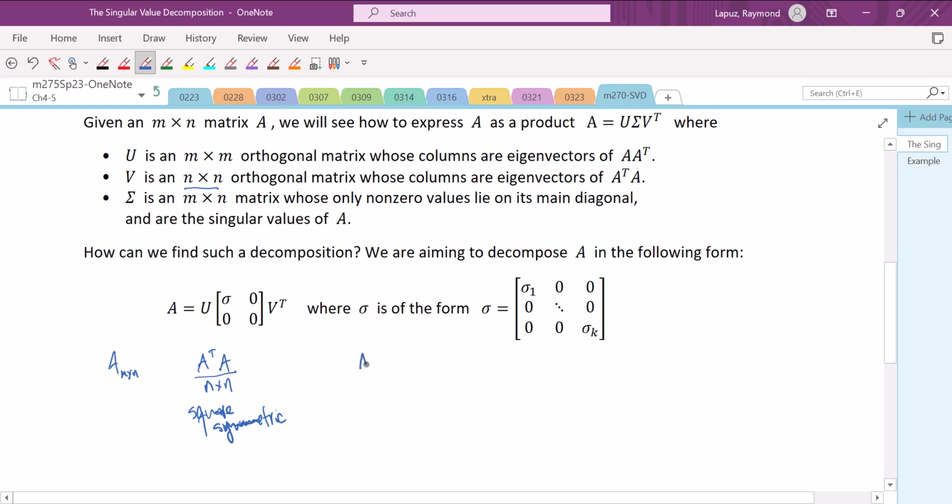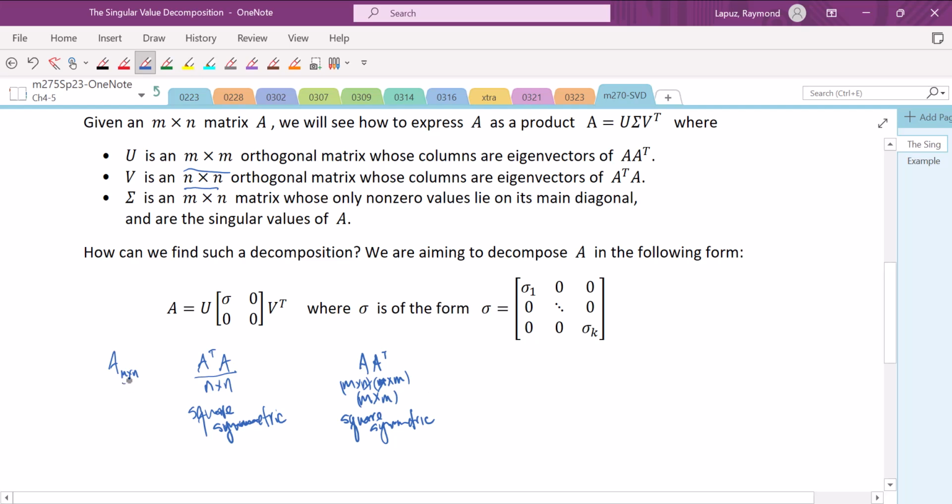Now, if we take a look at A times A transpose, remember, A was an M by N matrix, and then A transpose was an N by M matrix. So this will end up being an M by M square matrix. This is also going to be a square, symmetric matrix, which means it'll also have eigenvalues and eigenvectors.